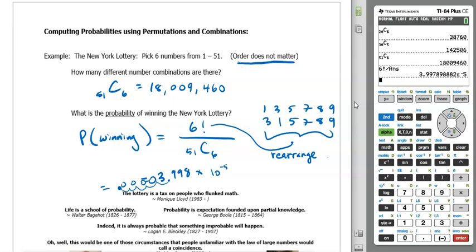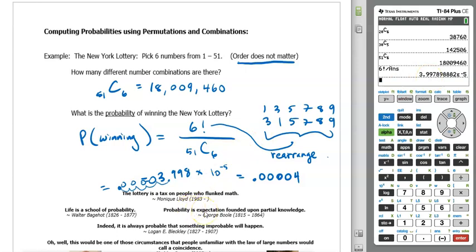If we rounded to 4 decimal places, we would just get 0. So I'm going to round to 5 decimal places just so we can get 0.00004. That is the chance to win, or else we can take this scientific notation. It would be highly improbable.